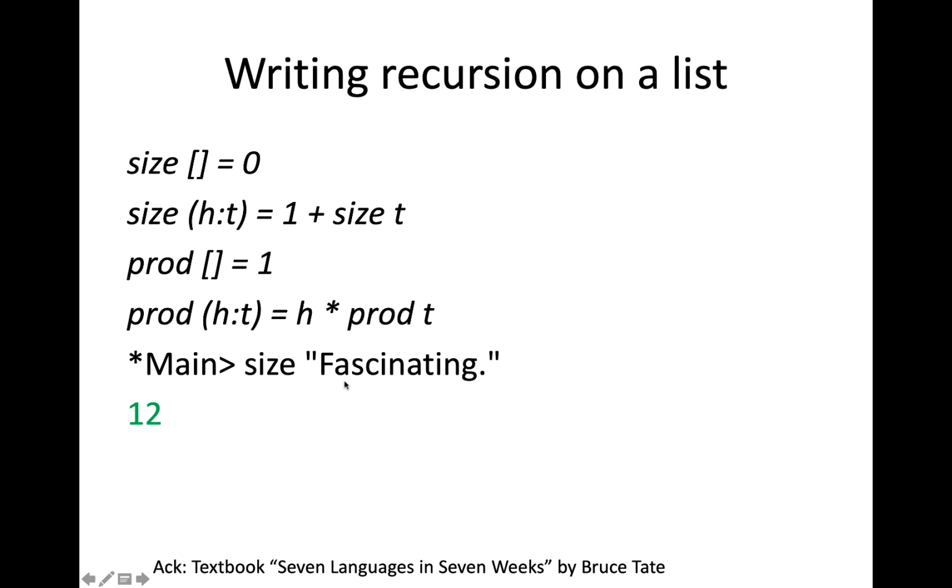Easy. Now if you call this function size on a string, fascinating, then it works. Why it works? Because remember, a string is nothing but a list of characters, and if you count, there are 12 characters, and that's why size is returning 12, because this function says whatever is the size of the list, that should be the return.